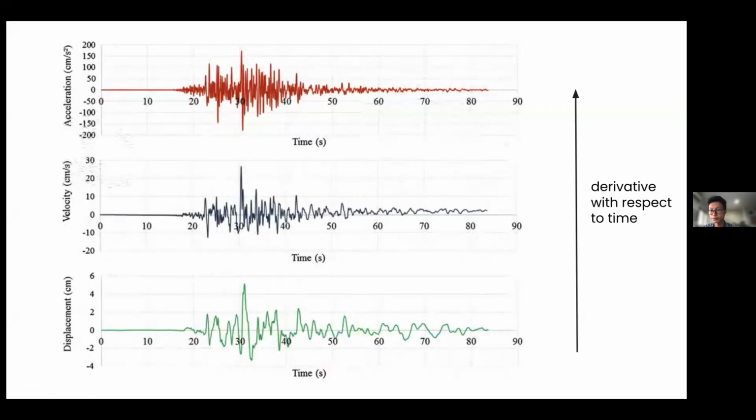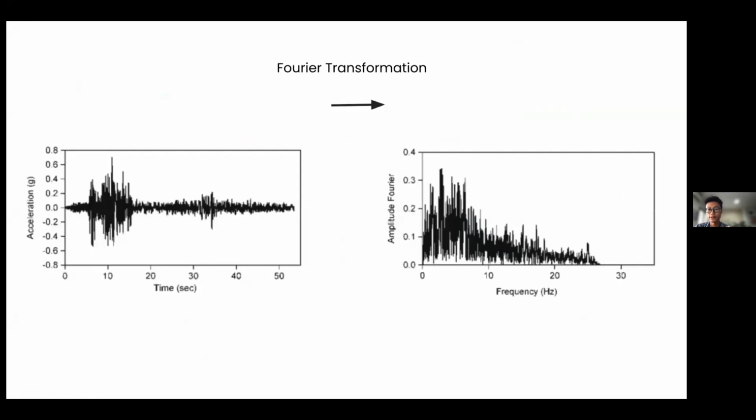The accelerometer, for instance, could directly display an acceleration plot. Now, once again, we can apply the Fourier transformation. It could be implemented to display an amplitude Fourier plot with a frequency domain.